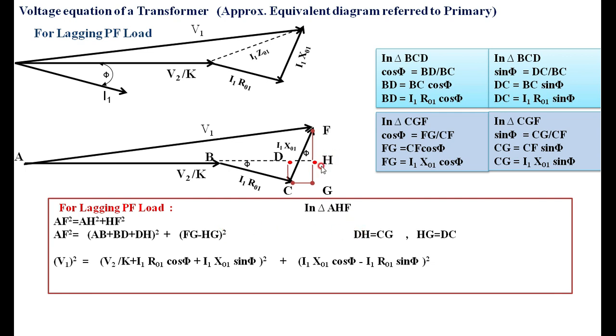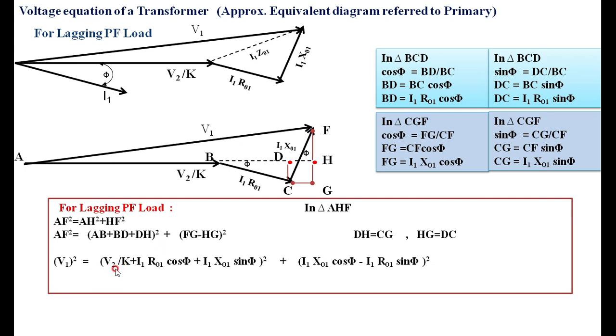However, you can see here that GH or HG is nothing but DC, which was calculated here as I1 R01 sin phi. And DH is nothing but CG, which is I1 X01 sin phi. You merely have to substitute these values in this equation.